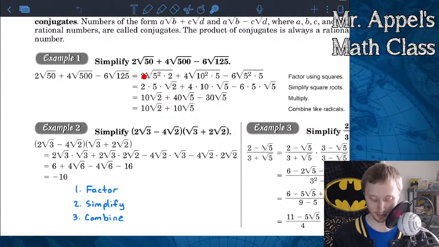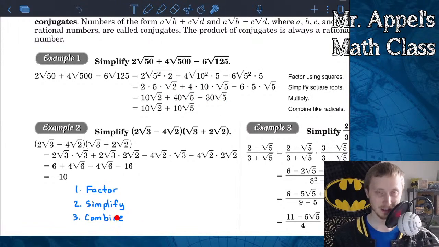Okay, so I get 2 stays there, 5 squared becomes just 5 in front, and I still have 2 underneath the radical here. Right? And then keep simplifying as far as you can go. 2 times 5 is 10. Okay, so now I have 10 root 2's. Right? When we do the same thing, we get 40 root 5's minus 30 root 5's.